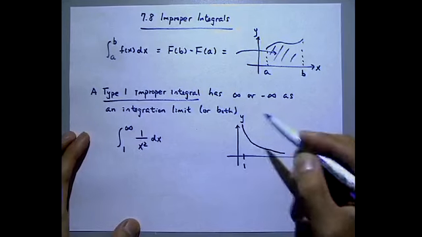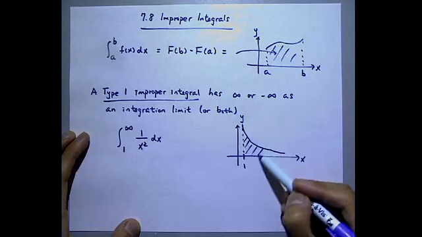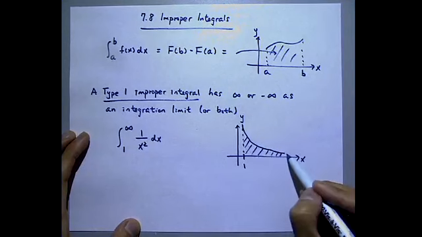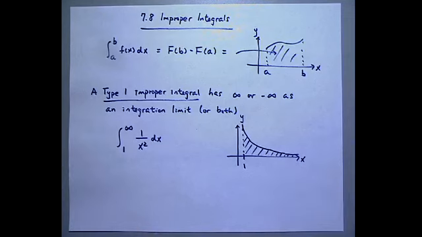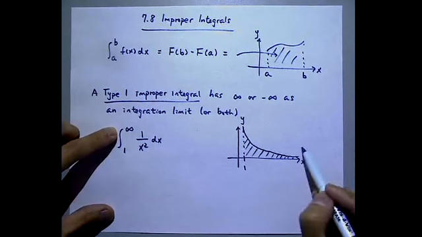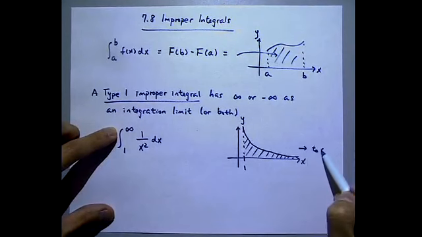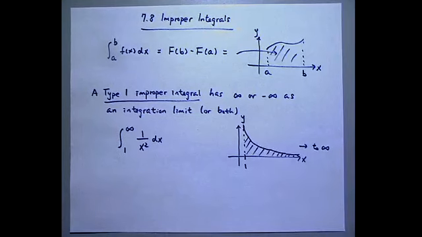This is 1. So one way to interpret that is the area under this curve starting at 1 and ending at infinity, and beyond. Right? So that's what we're asking for. What is this area under the curve from here to here?